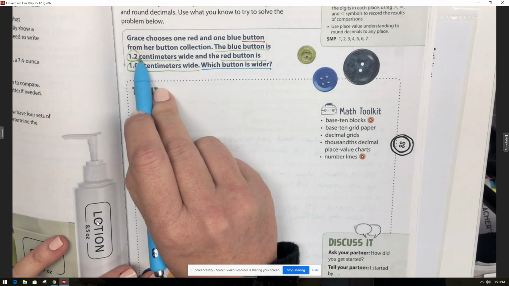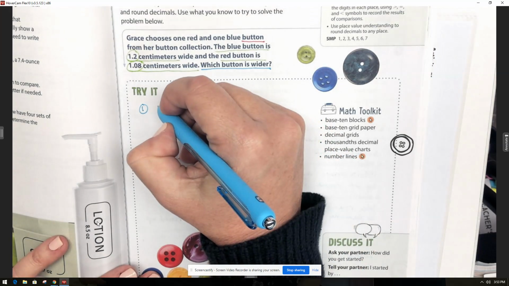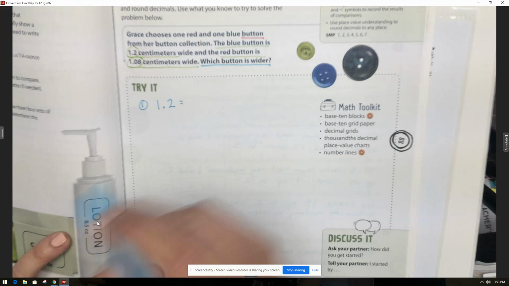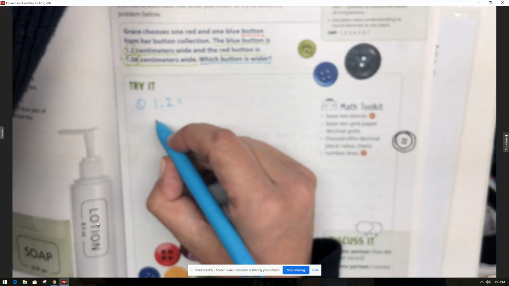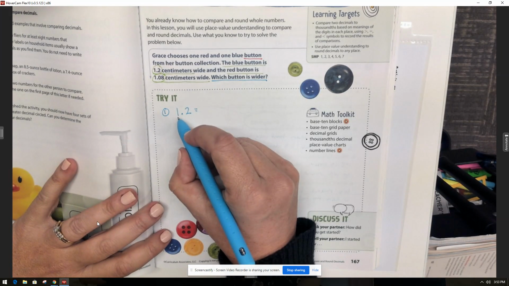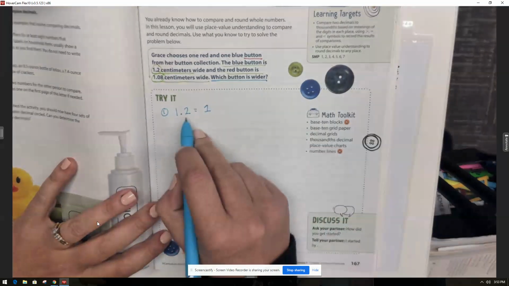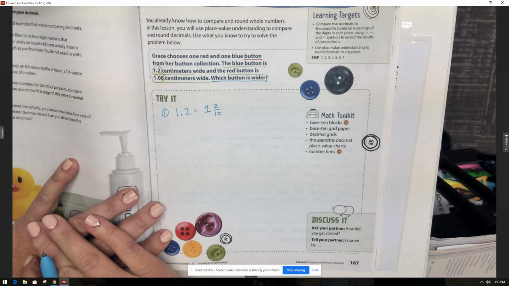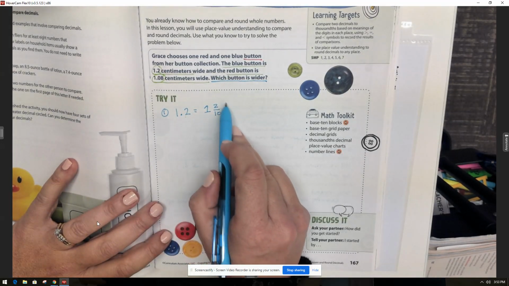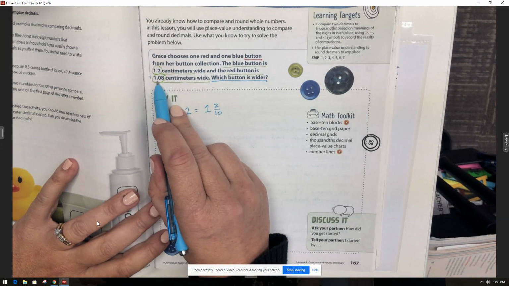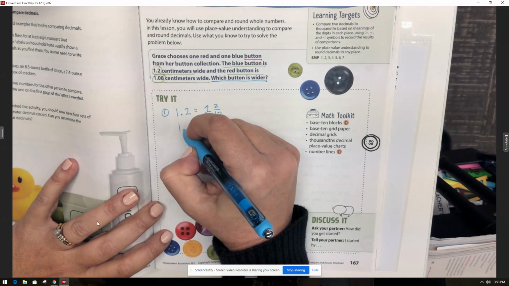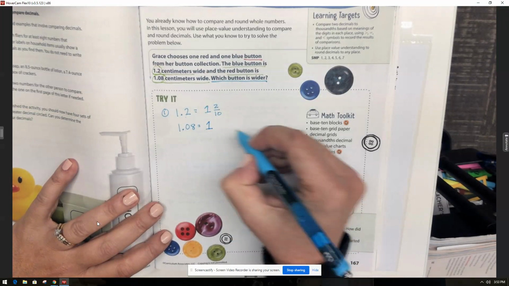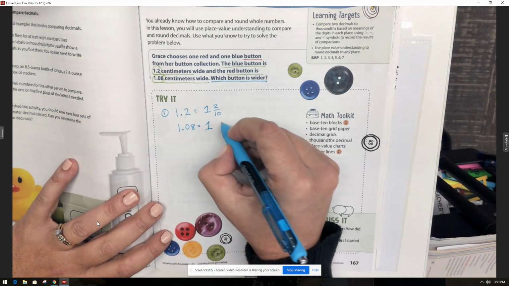If I just said, what does 1 2/10 look like as a fraction, I would recognize that I have 1 whole, and then I have 2/10. So that's what that 1 2/10 would look like as a fraction. And then I have 1 800. And I would write that as 1 whole and 800.